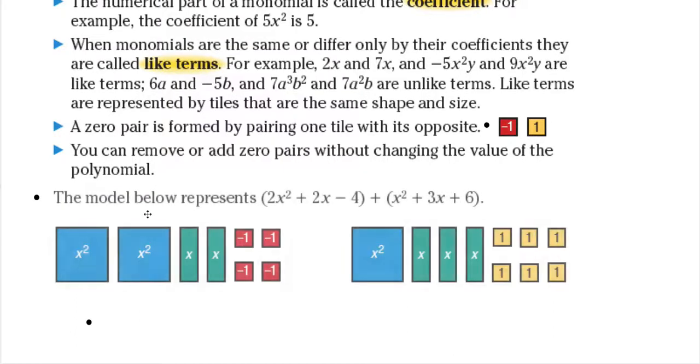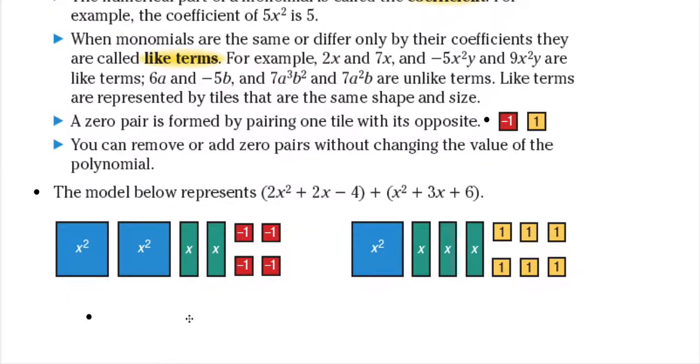Let's find out. We have the model below, which represents 2x squared plus 2x minus 4 plus x squared plus 3x plus 6. Why is it 2x squared? Because there are 2 x squared tiles, 2 x tiles, minus 4 because there are 4 negative 1 tiles.